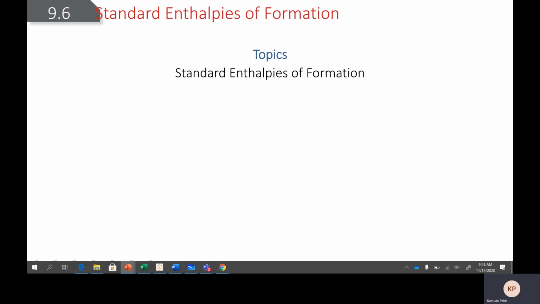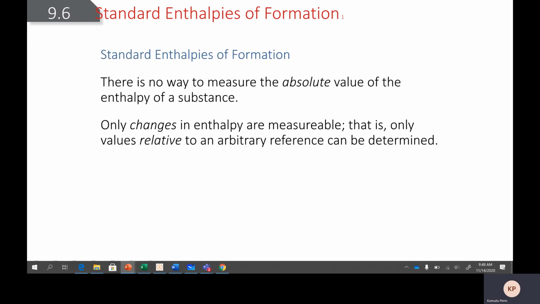Next, we are going to talk about the standard enthalpy of formation. How can we define the standard enthalpy of formation? We do not know a standard or an absolute method to find the standard enthalpy of formation of a reaction.